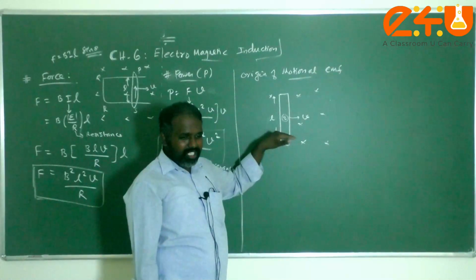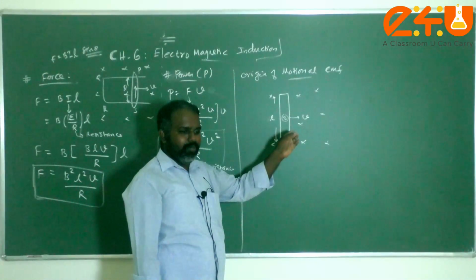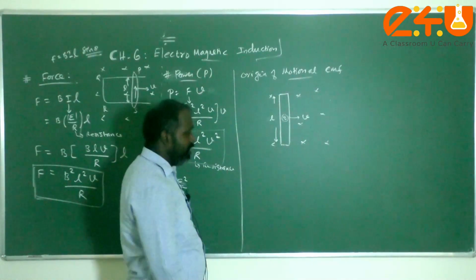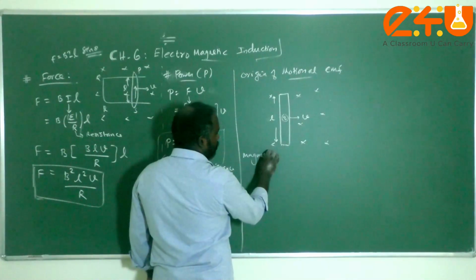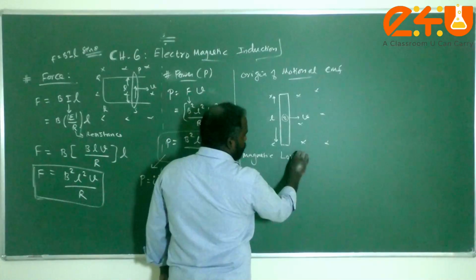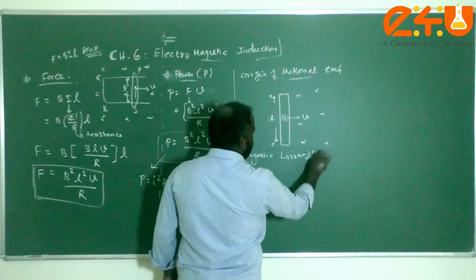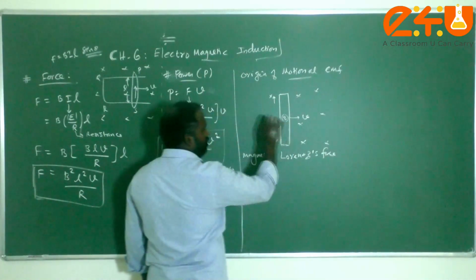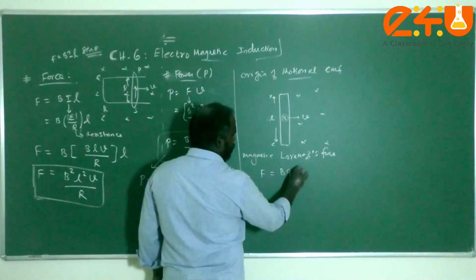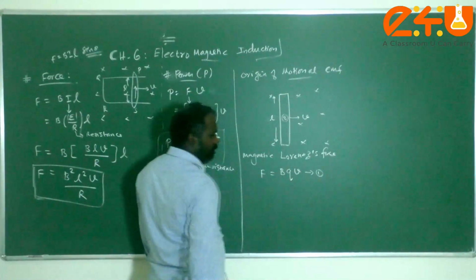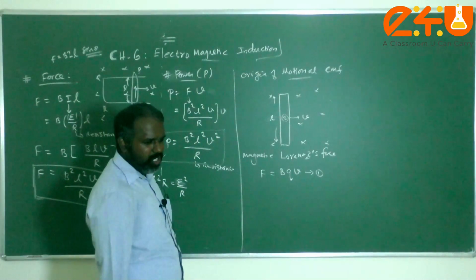Here V and B are perpendicular, so sin theta value is 1. Therefore, the magnetic Lorentz force acting on this charge is given by F is equal to BQV, equation number 1.